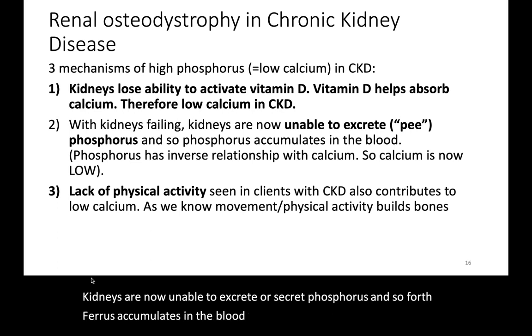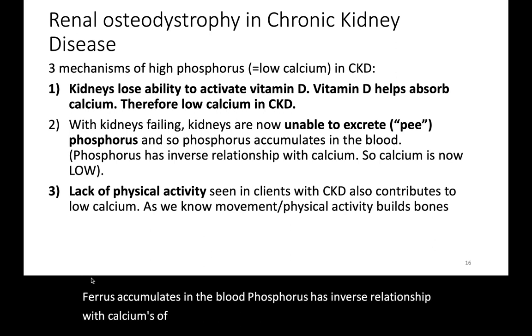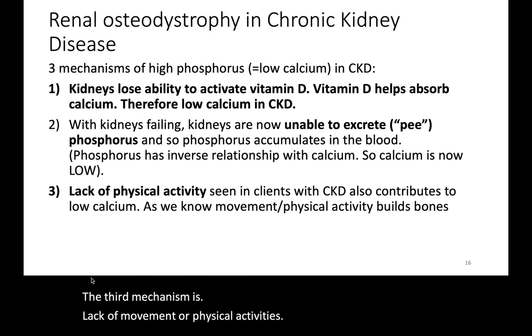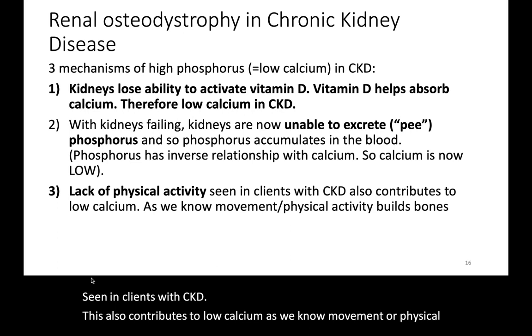Phosphorus has an inverse relationship with calcium, so calcium is now low. The third mechanism is lack of movement or physical activity seen in clients with CKD. This also contributes to low calcium. As we know, movement or physical activity builds bones.